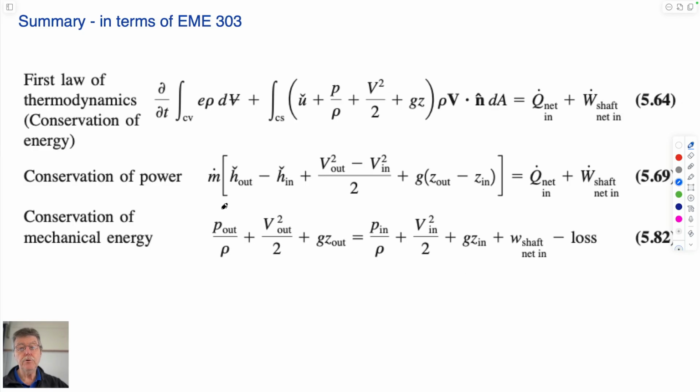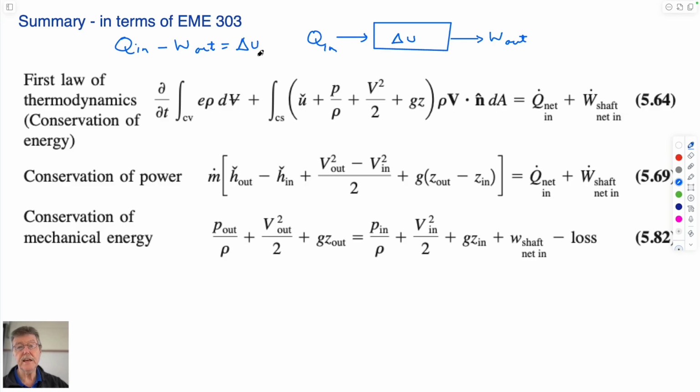And I guess we also made a point that this idea, when we talked last time using a different terminology, that we used the fact that the statement of the first law defined heat in and work out with a change in internal energy, then that's why we could write it as heat in minus work out is equal to the change in internal energy, which is enthalpy.